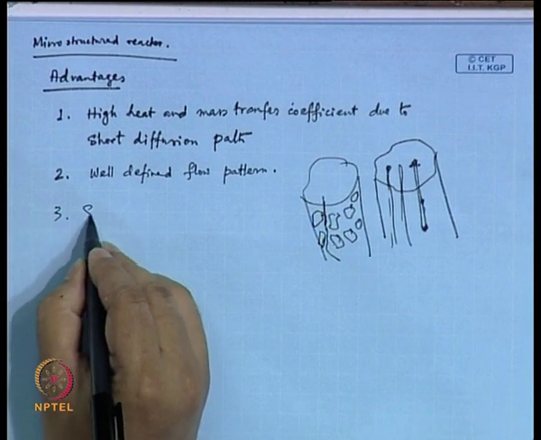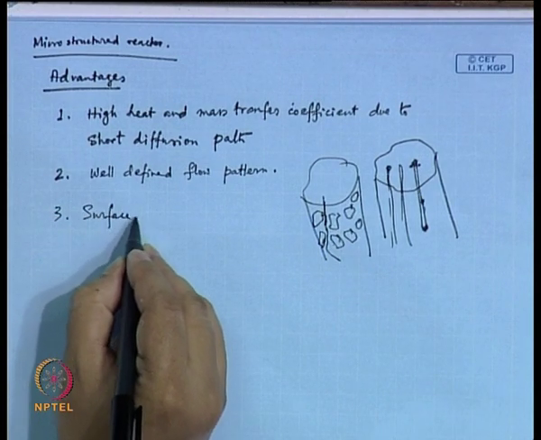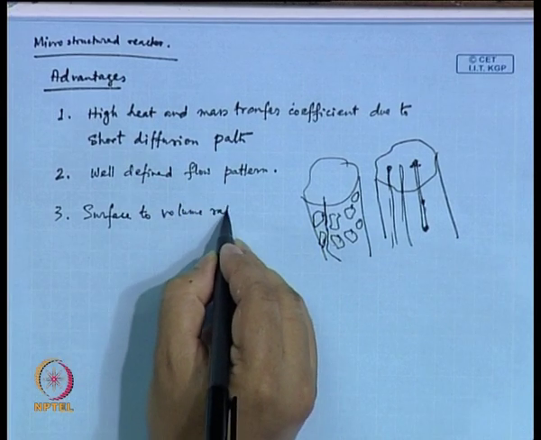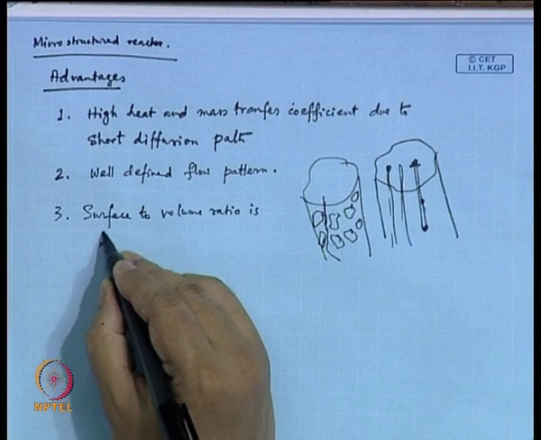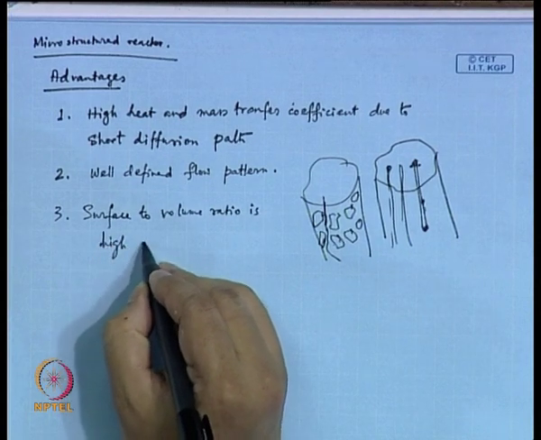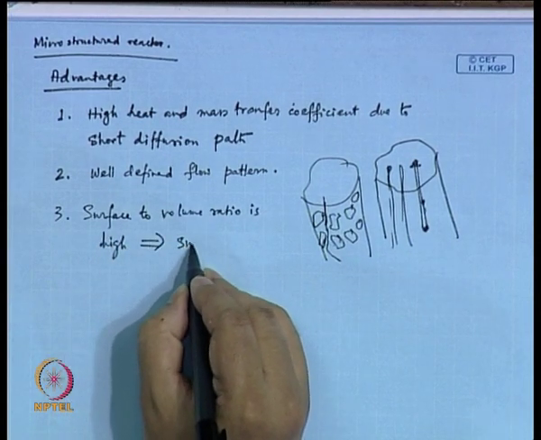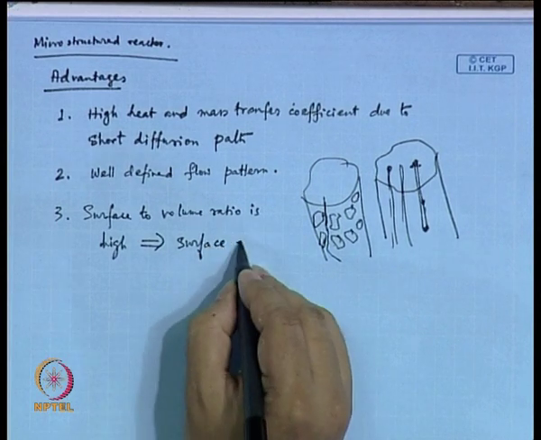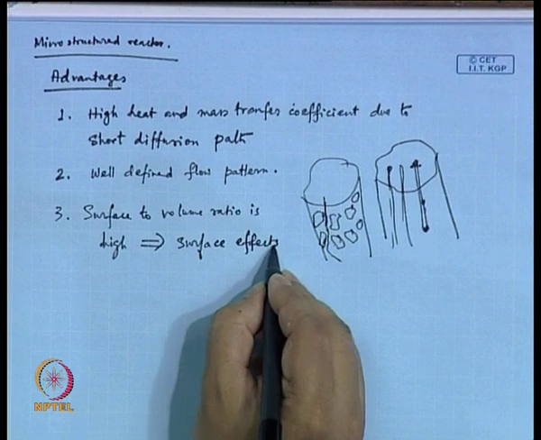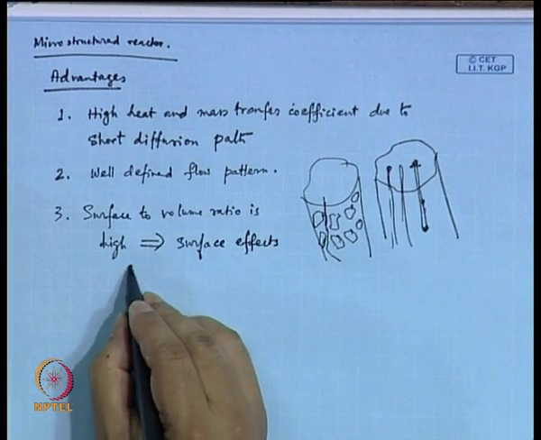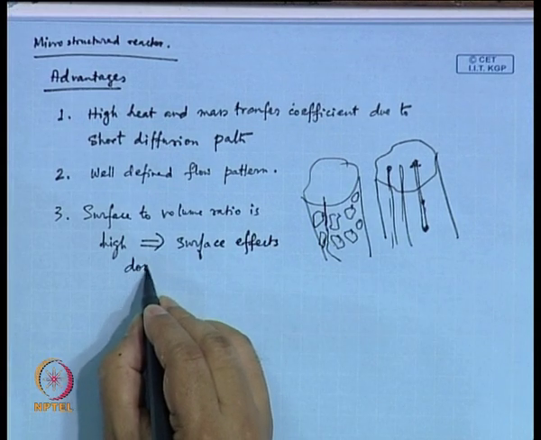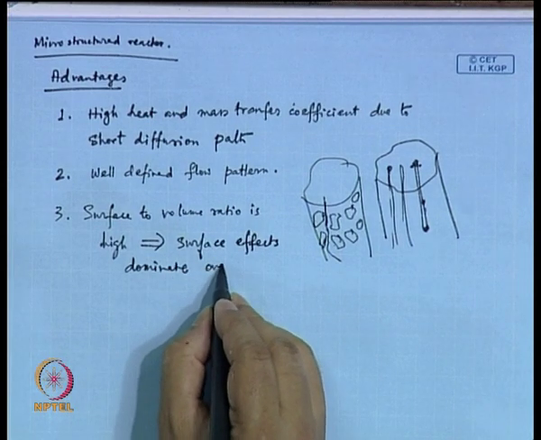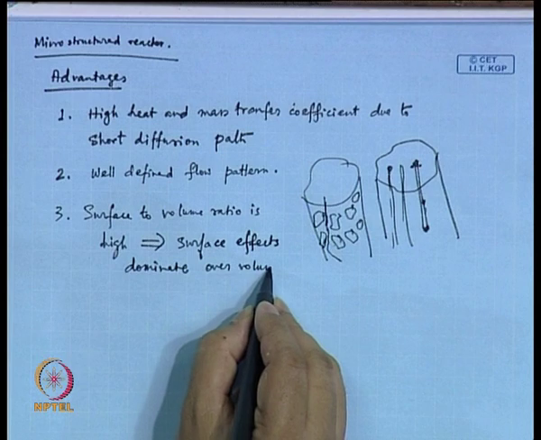Number 3 is that surface to volume ratio is high. So, what this implies is surface effects dominate over volumetric effect.